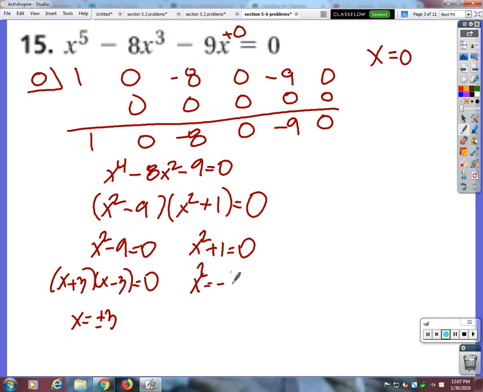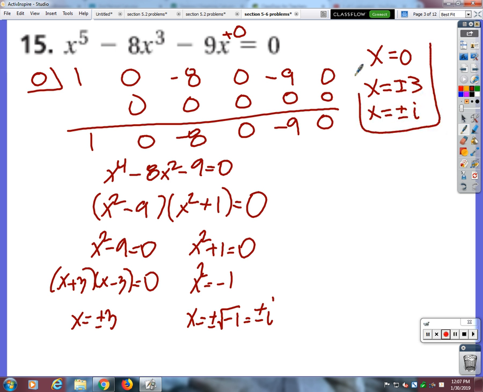So x squared equals negative 1. Good. So then square root both sides. And what is the square root of negative 1? I. Okay, so my 5 answers to this one, because that started out as x to the 5th, are x equals 0, x equals plus or minus 3, and x equals plus or minus i.